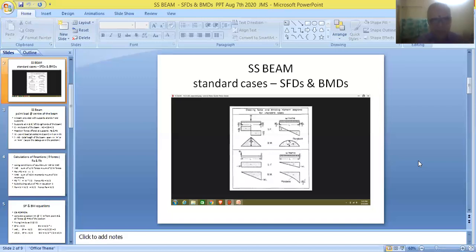So friends, these are the fundamental, basic, standard cases as far as simply supported beams are concerned.